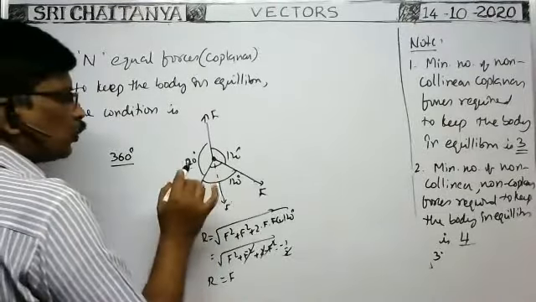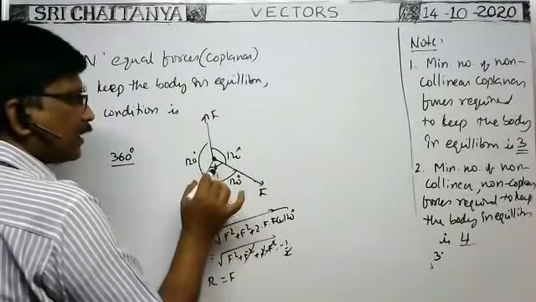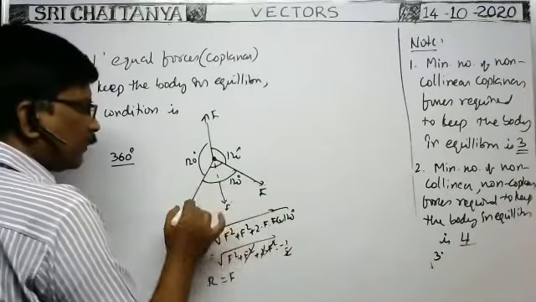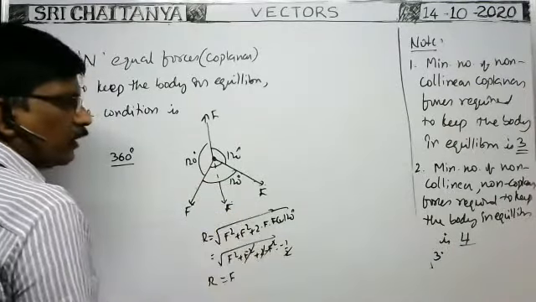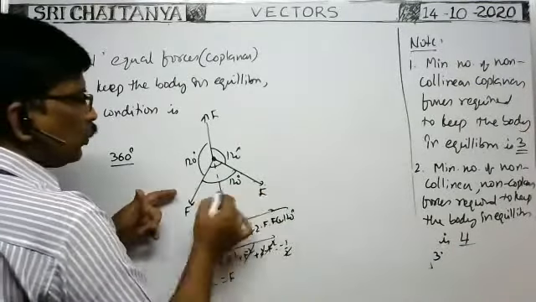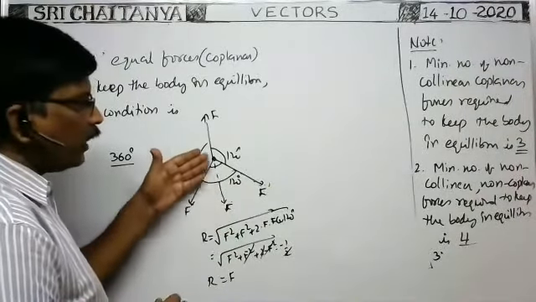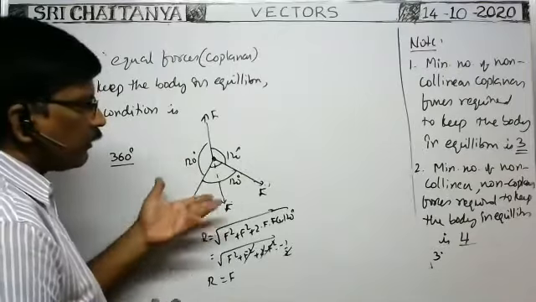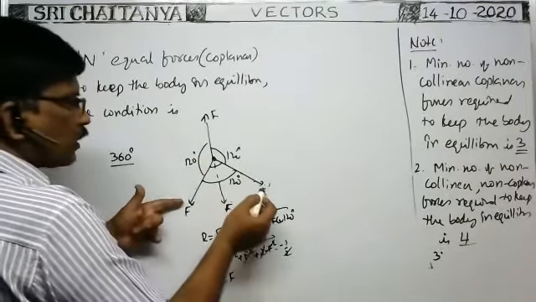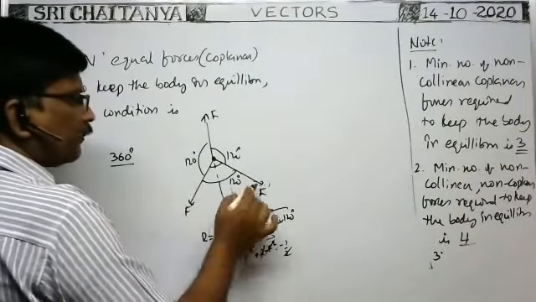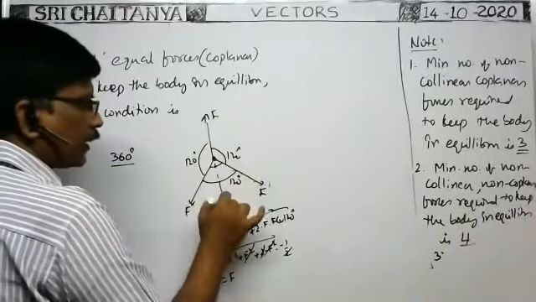So whenever two forces having the same magnitude act at an angle of 120 degrees, the resultant of these two is equal to f only. So when you consider the resultant of these two, you can forget this one. What is the angle made by this resultant vector with any one of the forces? As these two forces are equal in magnitude, the resultant is along the angular bisector.